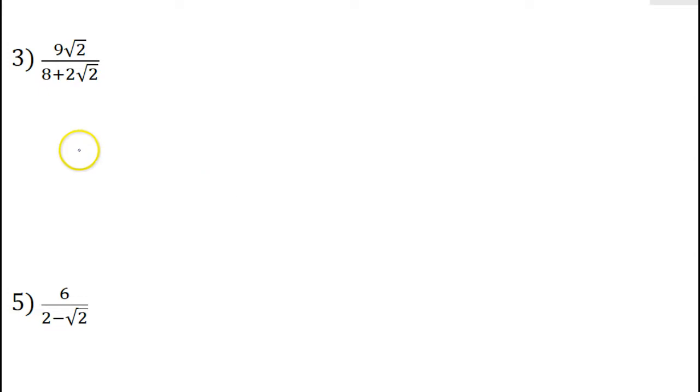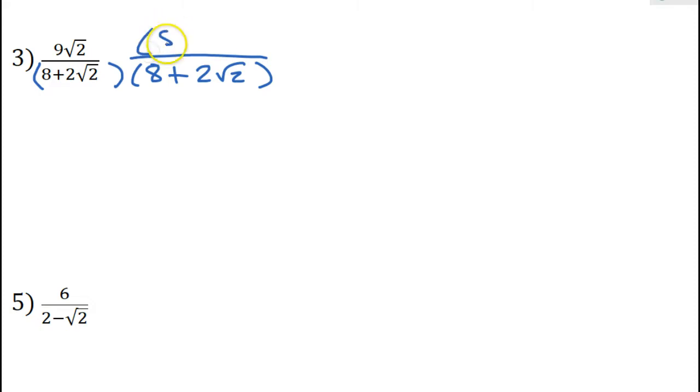Look at the next problem. So the conjugate of this denominator is going to be 8 plus 2 radical 2, and I'll have to do the same thing in the numerator. 8 plus 2 radical 2.